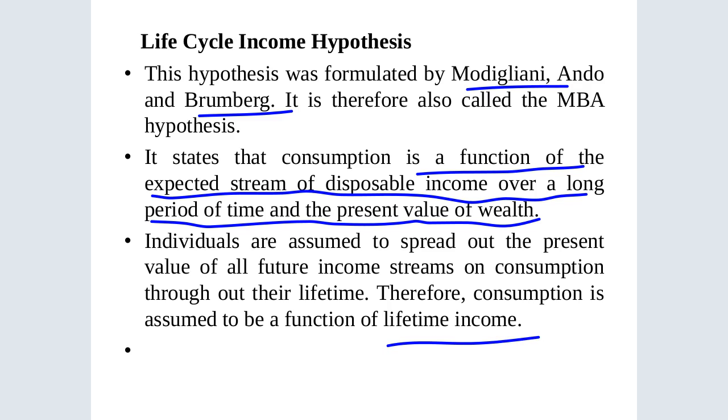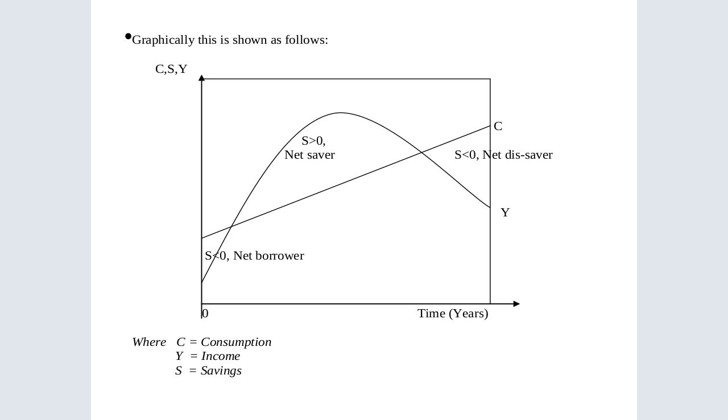So according to the life cycle income hypothesis, consumption is simply a function of lifetime income, and the lifetime income is the disposable income over a long period of time plus the present level of wealth. If you look at that diagram, it is the life cycle hypothesis. So we need to look at the diagram critically.